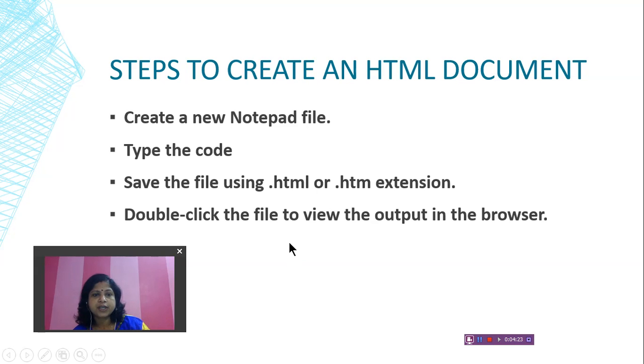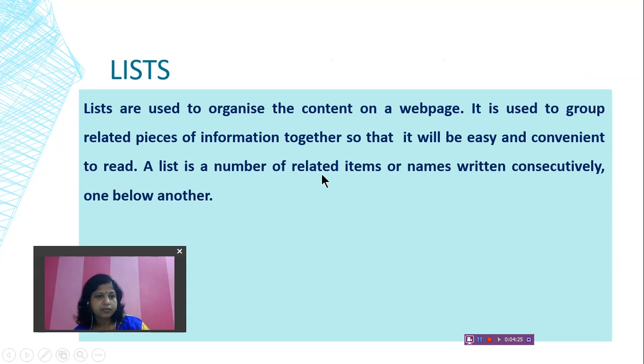So now see, what is a list? Lists are used to organize the content on a web page. It is used to group related pieces of information together so that it will be easy and convenient to read. You know the use of a list. You make your students list, your book list, your copy list, or any type of list.